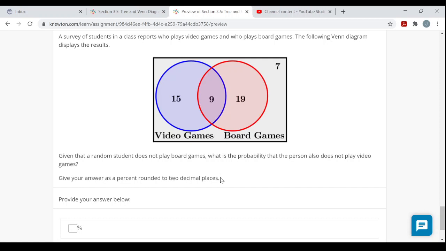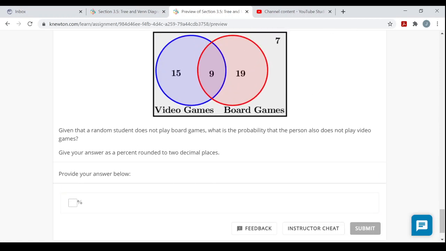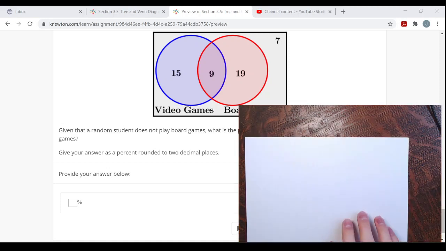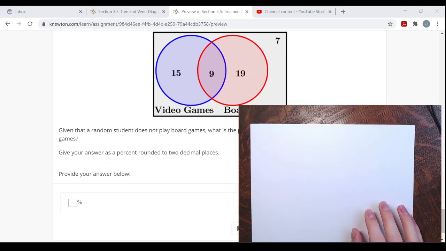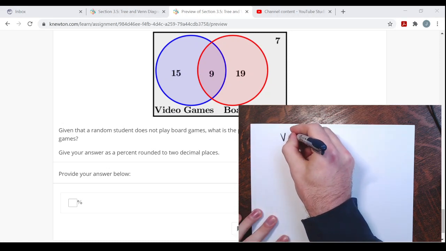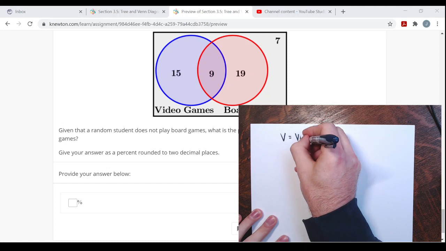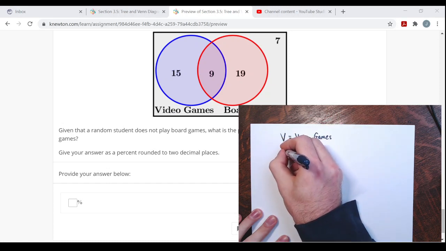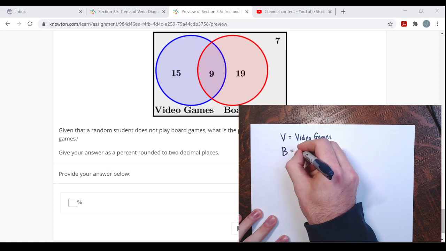All right. So I'll pull up again a piece of paper. I'm going to have a V represent plays video games. And I'll have B represent plays board games.